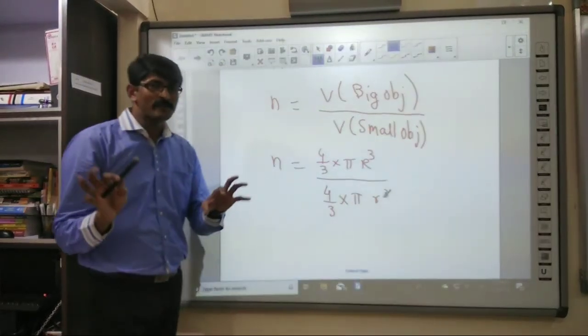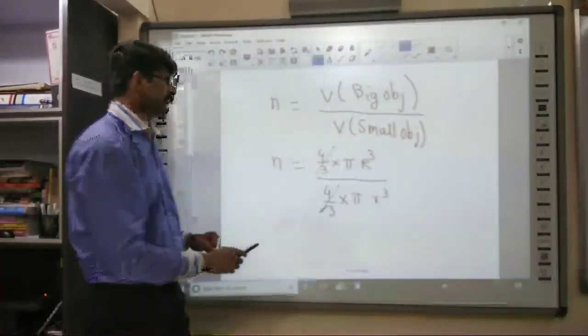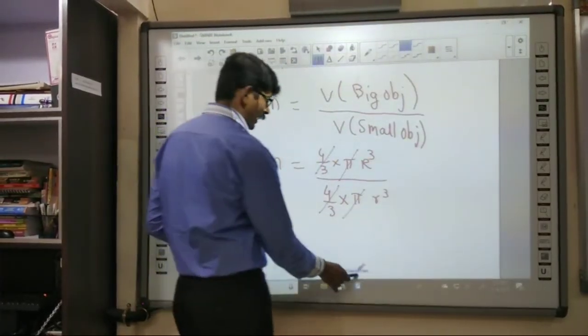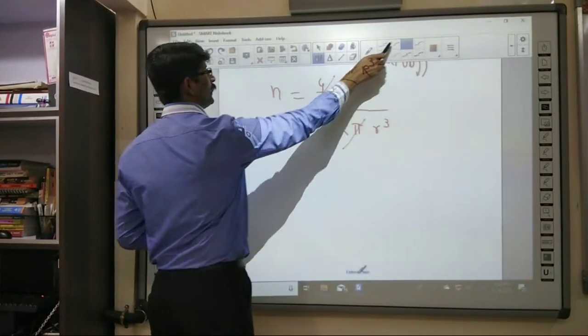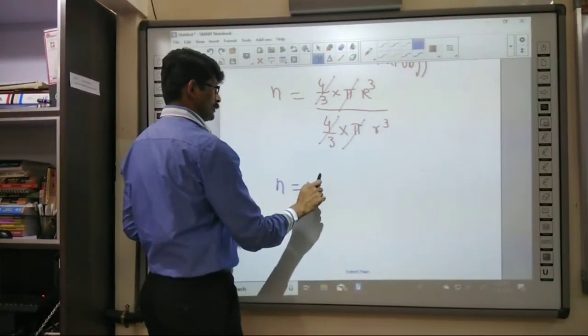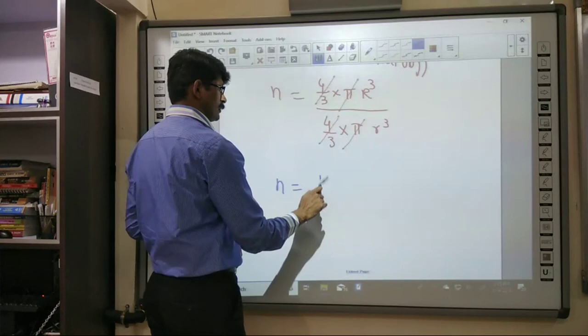Now the 4 upon 3 directly got cancelled, and the pi and pi also got directly cancelled, and what is left over for n is this. So n is equal to capital R cube upon small r cube.